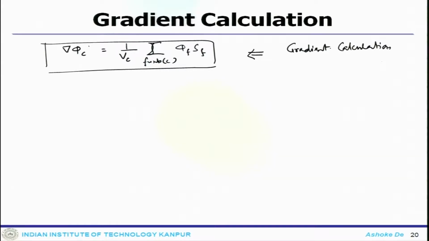Now, once you are trying to do this gradient calculation, there are ways how we can do that, especially when you move to the non-orthogonal system, you come across the cross diffusion term. So gradient calculation becomes very important, in the sense that the cross diffusion term cannot be evaluated using the nodal values. Now, how do you define your discretized stencil? That leads to two approaches.